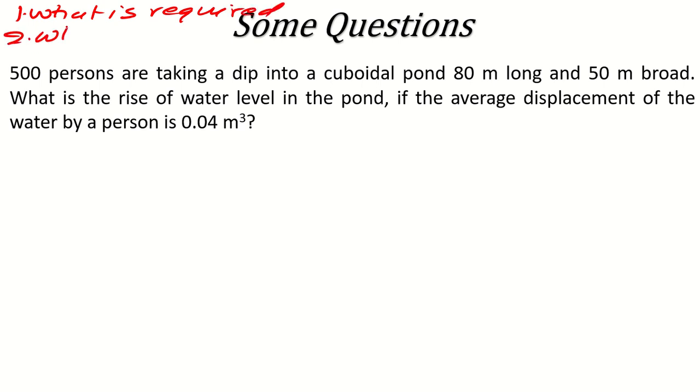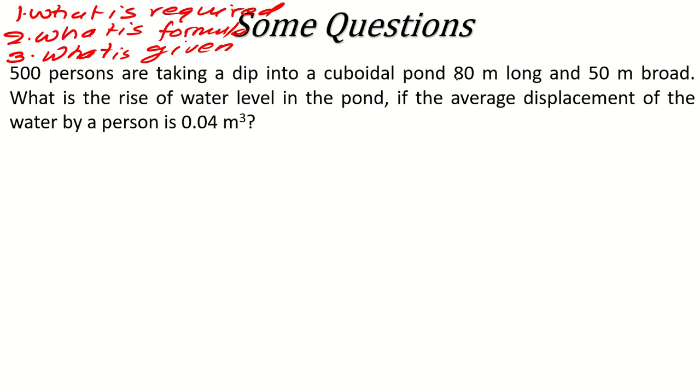Second, what is the related formula, because if you know what we have to find, of course you will remember the formula. And third, what is given for that particular formula. If you can understand these three things, no doubt all questions will be correct.